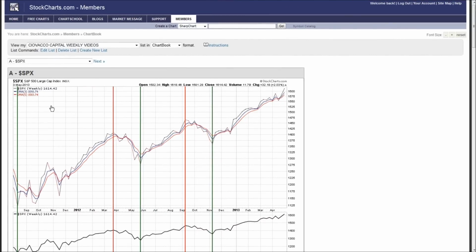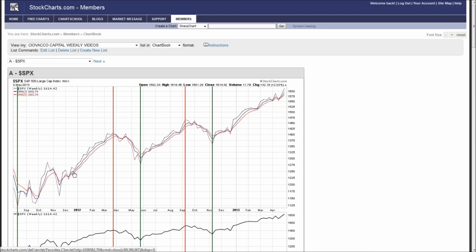This is a weekly chart of the S&P 500 index as of the close on Friday, May 3rd. This is the S&P 500, the dotted line. The blue line is the 3-week exponential moving average, and the red line is the 5-week exponential moving average. Purpose of showing this, first of all, this looks bullish and has looked bullish during all of 2013.